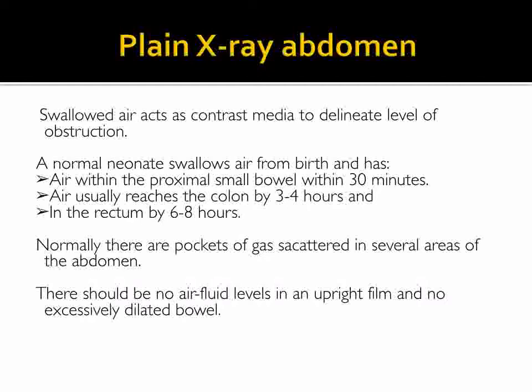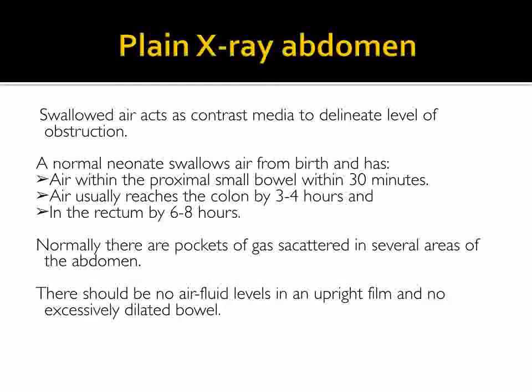Suppose that the baby has a duodenal obstruction. The air will pass from the esophagus into the stomach and then the duodenum above the level of obstruction, and there will be no air distal to it. So you will find the air in the stomach and duodenum and the rest of the abdomen is gasless.